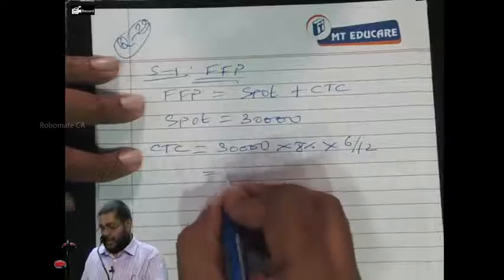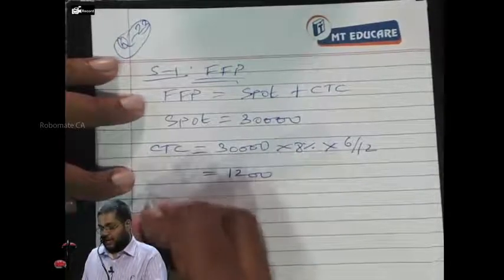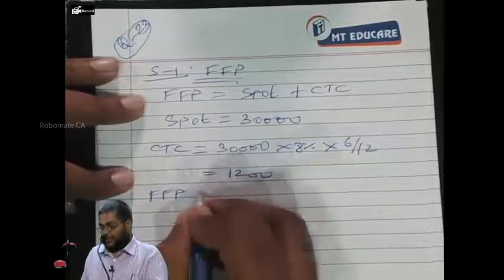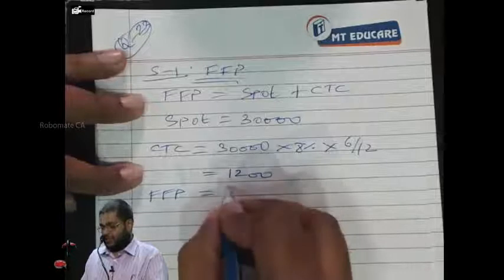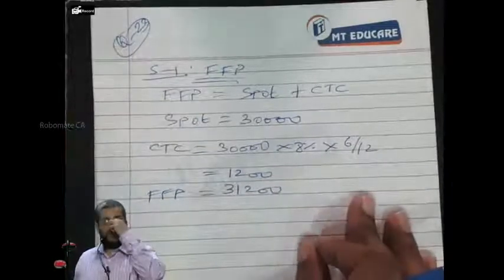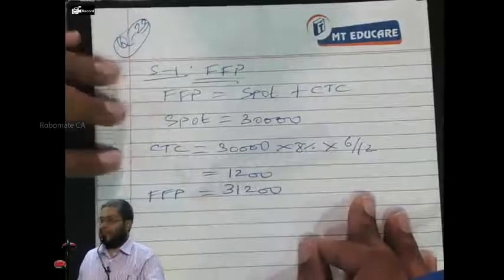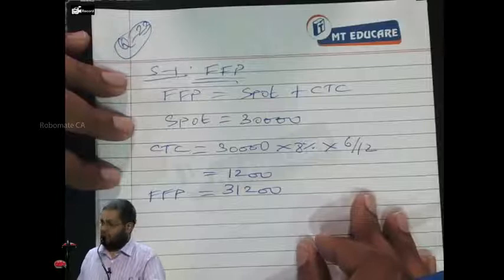Tell me the number here. 1,200. Now, fair futures price is equal to 31,200.